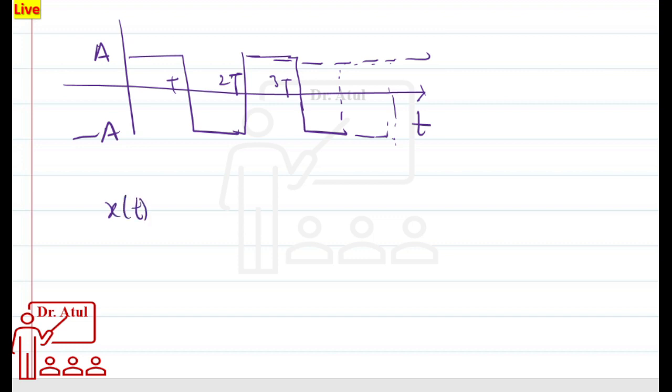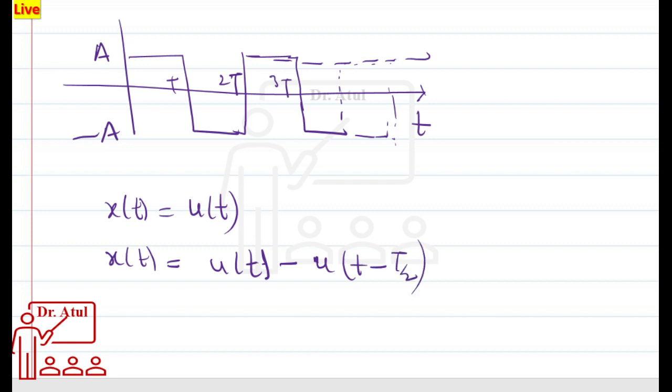x(t) equal to, first of all, u(t), and then u(t) goes to infinity, then u(t) minus u(t minus T by 2). Okay, because for the first one you have to do the minus, so minus not at T by 2 but at T you have to reduce. How much do you have to reduce? This will be 2 times, because you have to go below, 2 times u(t minus T).